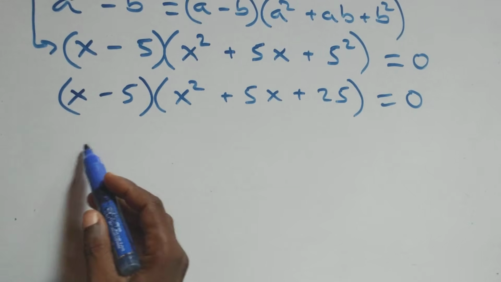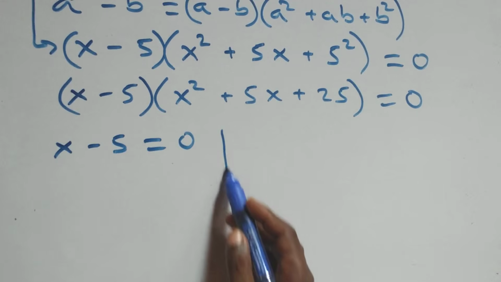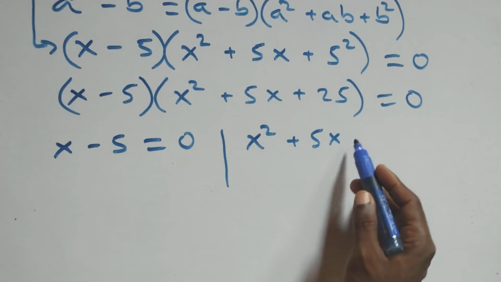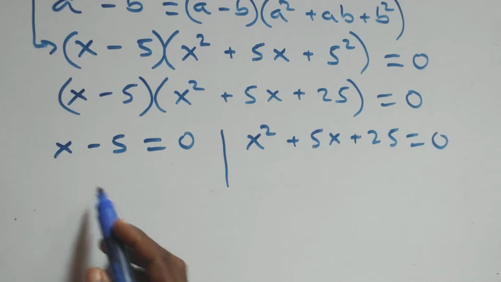And here we have two possible cases: x minus 5 equals 0, or x squared plus 5x plus 25 equals 0.